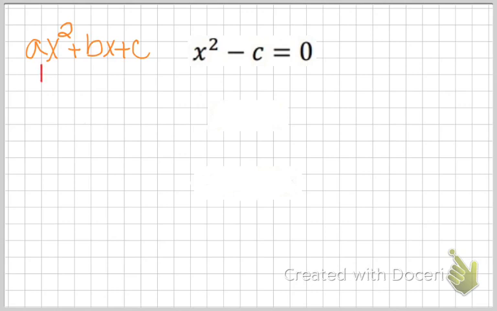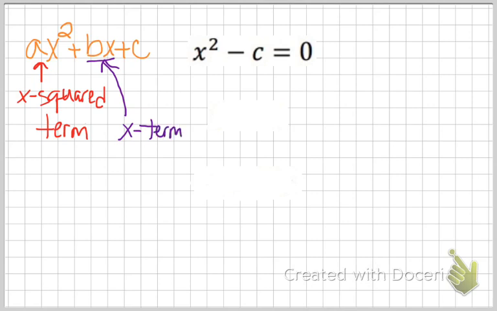The first term is called the squared term. The middle term is called the x term. There are two x terms, except one is being squared and the other isn't, so they're two different terms. And lastly, we have our constant term, which is the number at the end.